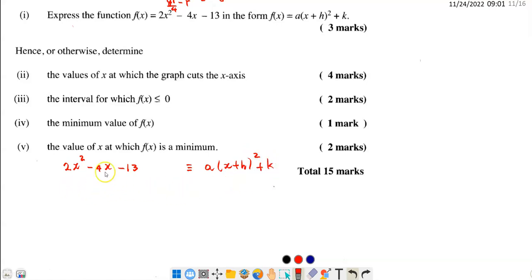So we're going to do everything on the left hand side and make it equivalent to this, and then we can determine the values. So we divide throughout this by 2. So we have 2 into x squared minus 2x minus 13 over 2.